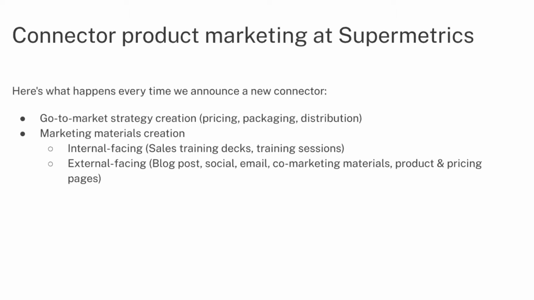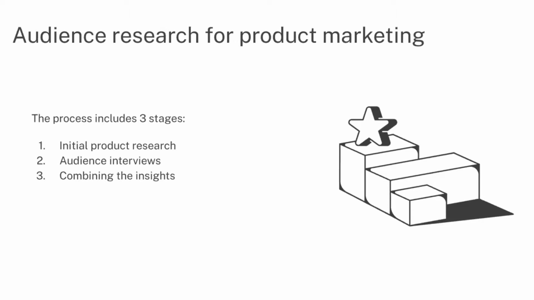As you can see, the audience research that we do acts as a kind of fuel for both internal and external facing materials, which is a lot, and therefore you have to do very good, high quality research to be able to create a great go-to-market strategy and very good quality materials. The audience research itself consists of 3 stages: the initial product research, audience interviews, and then we combine the insights all together, like I already mentioned.